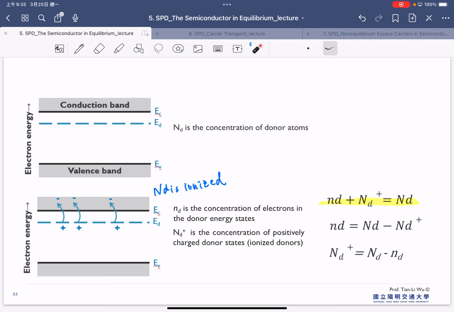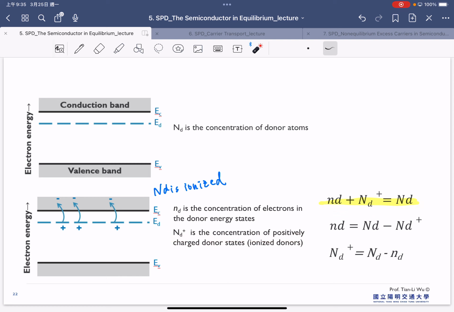The small nD is the concentration of electrons in the donor energy state. The ND plus is the concentration of positive charge donor states, which is what we call the ionized donor. And these two will be equal to the concentration of the donor atoms here.